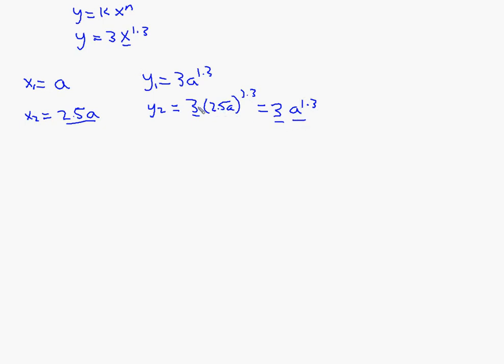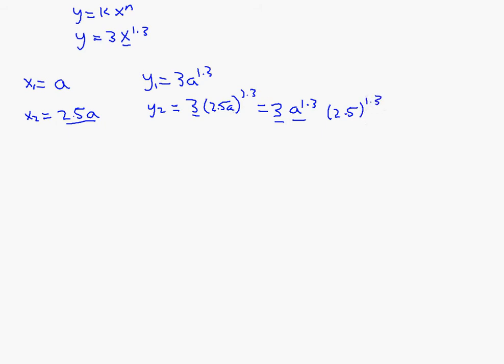We had a 3 before, we had an a to the 1.3 before, but now, since we multiplied our input by 2.5, we have this new factor of 2.5, but it is part of the input, and the function says to take the input and raise it to 1.3. So by putting a 2.5 here, we didn't just introduce a 2.5 into the equation, we introduced a 2.5 raised to the 1.3.